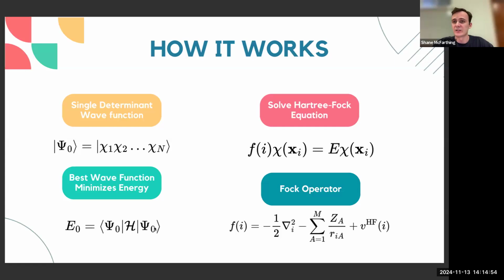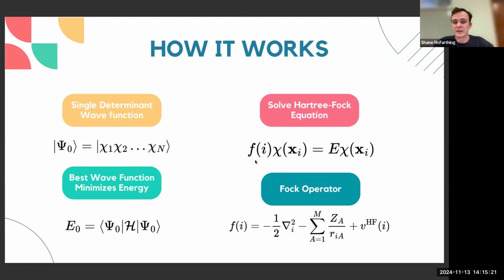But the problem is now we've set the wave function. So when we try to solve this, what exactly are we changing? And for the Hartree-Fock approximation, what we're doing is we're going to change the orbital functions. So our Slater determinant is made up of the orbitals. And what we do is iteratively change these orbitals in a way that will minimize the energy. So that gives us the Hartree-Fock equation, which we try to solve.